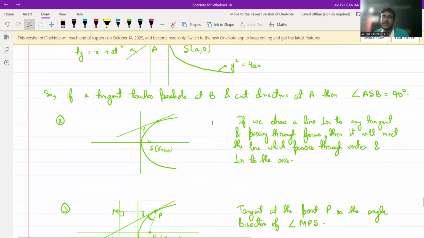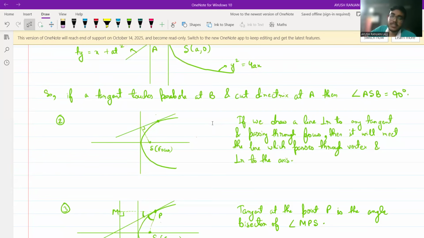Next, the second one. If there is a tangent and we draw the foot of perpendicular from the focus, it is going to meet at a point on a line.